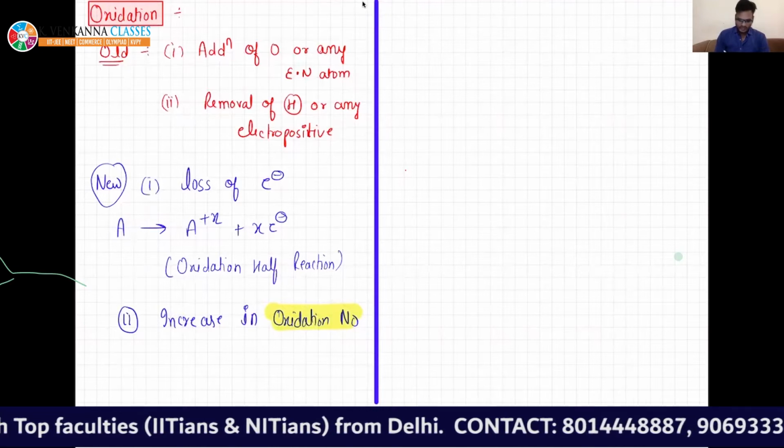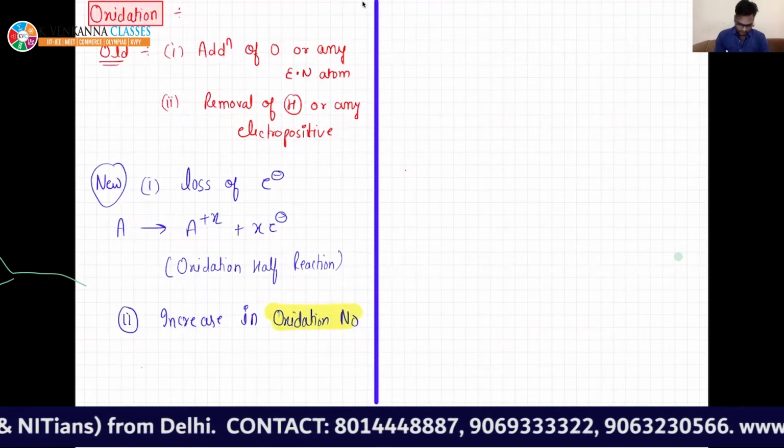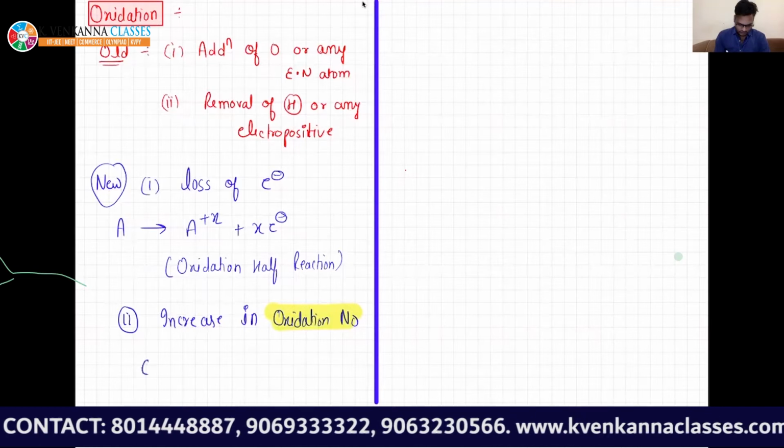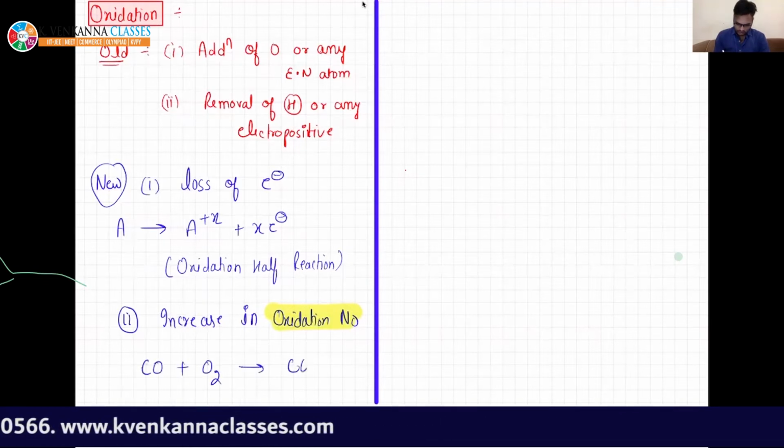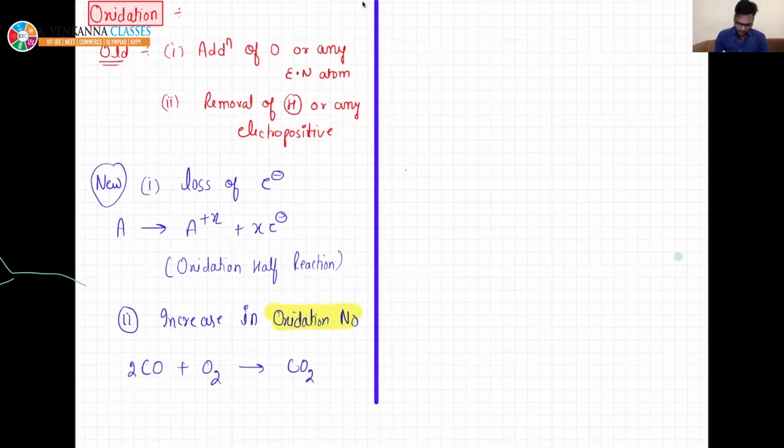For example, CO plus O2 gives CO2, right? Let us balance it, 2 and 2.